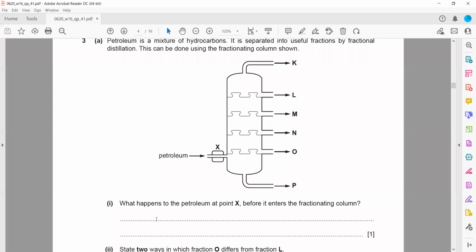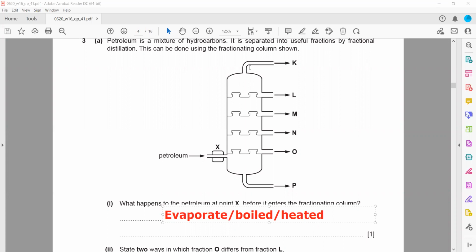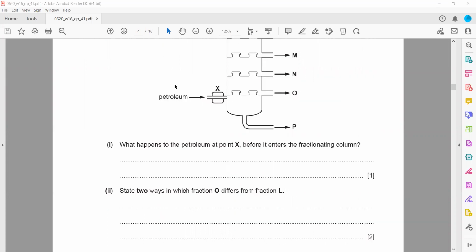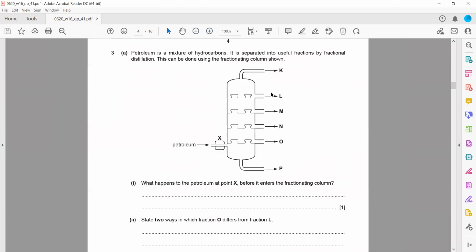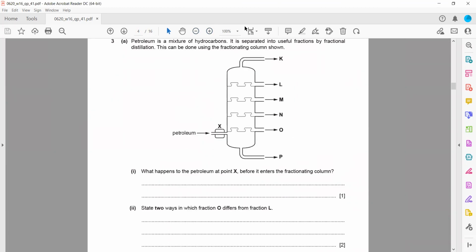State two ways the fractions O and L are different from each other. So how are fraction O and fraction L different from each other? As we go down, there are more carbon atoms, and the boiling point and the melting point increase. The viscosity also increases, it becomes more viscous, thick, and the color also becomes darker.